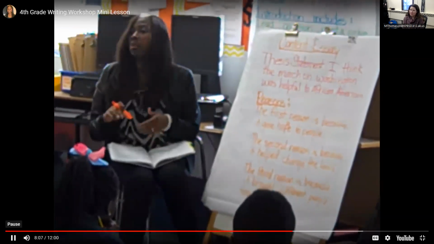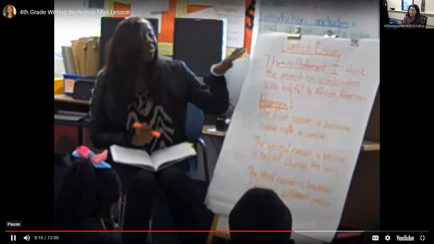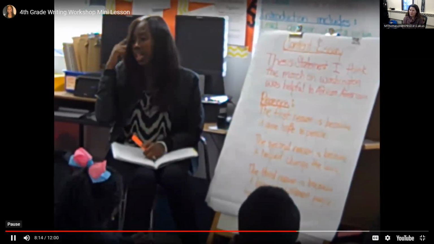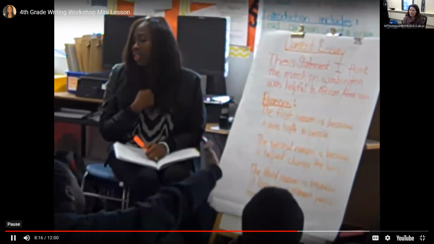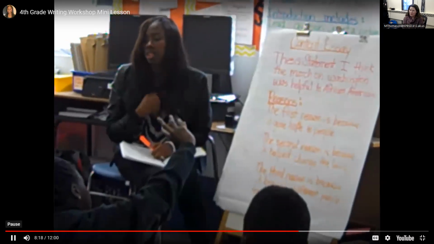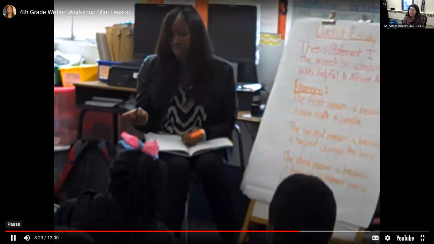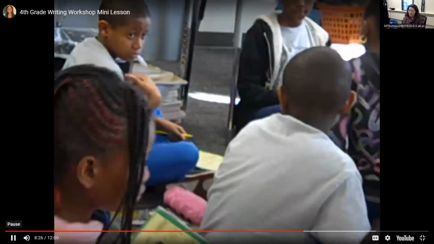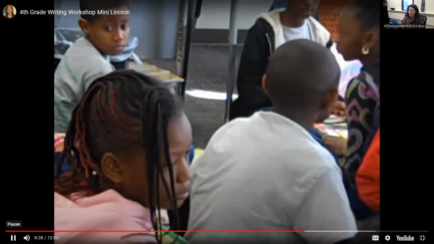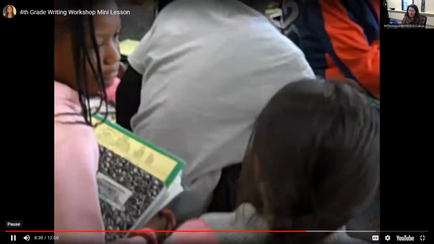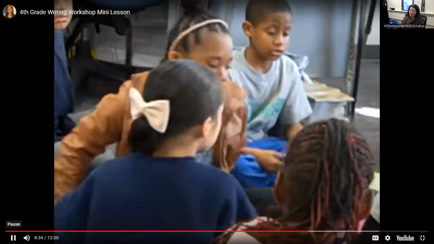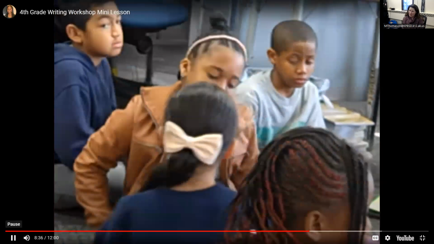So, for your thesis statement, you're gonna think about it in your mind. It's either an I think or an I feel, and you're gonna tell your partner. So turn to your partner. You're gonna turn this way. Thank you, Farmer. One partner hand on their head, one partner hand on your shoulder.